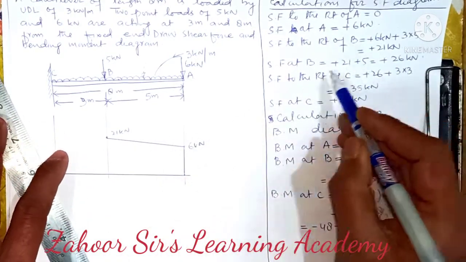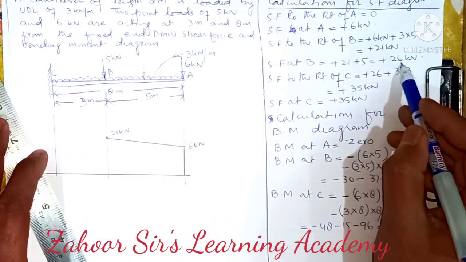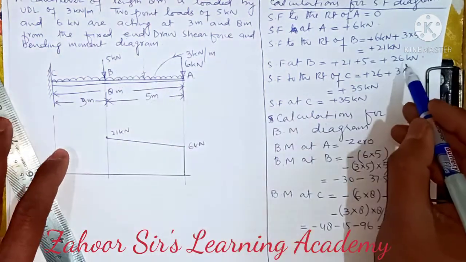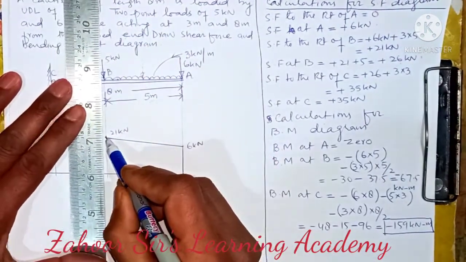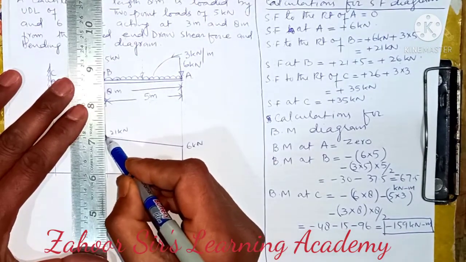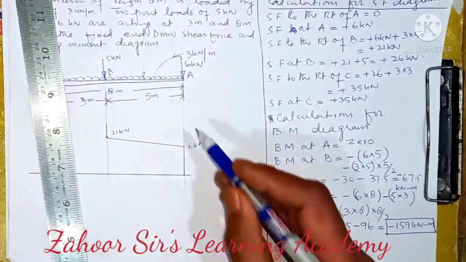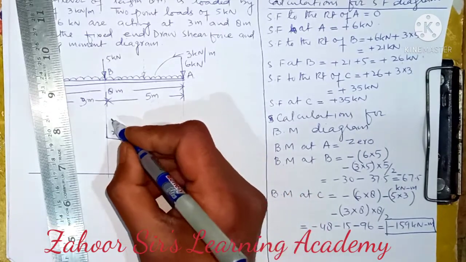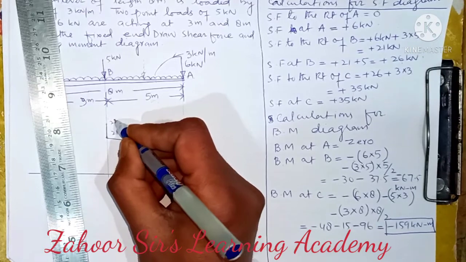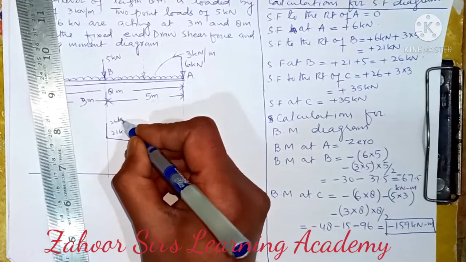And at B it was 5 kilonewton more, that is 26 kilonewton. Because it's a point load, it needs to be represented with a vertical line, and UDL needs to be connected with an inclined line. That means at this point it is 26 kilonewton.